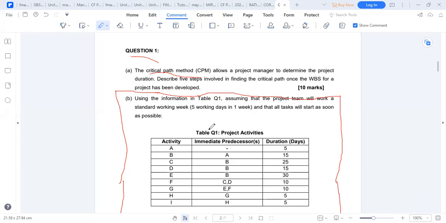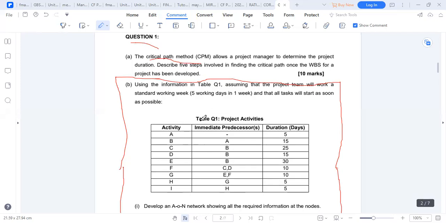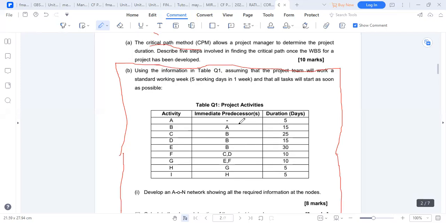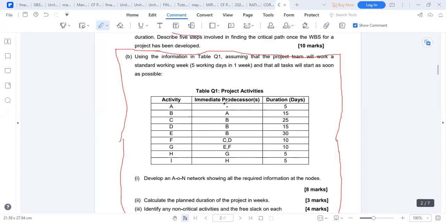Here we can see that there is no activity that started before activity A, so there is a dash, meaning that activity A was a starting activity.